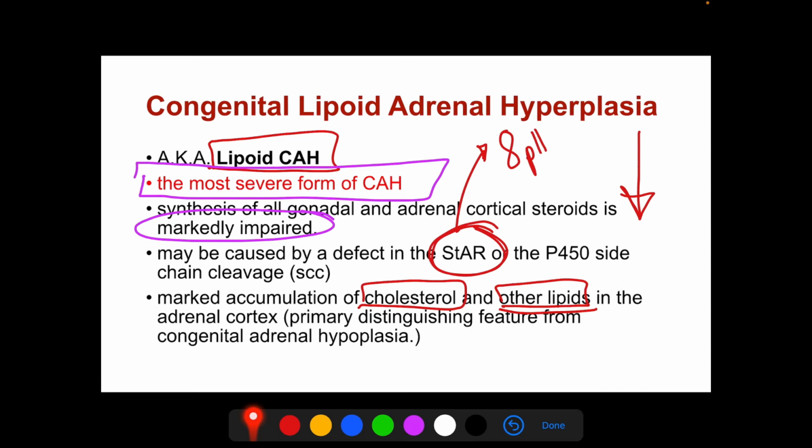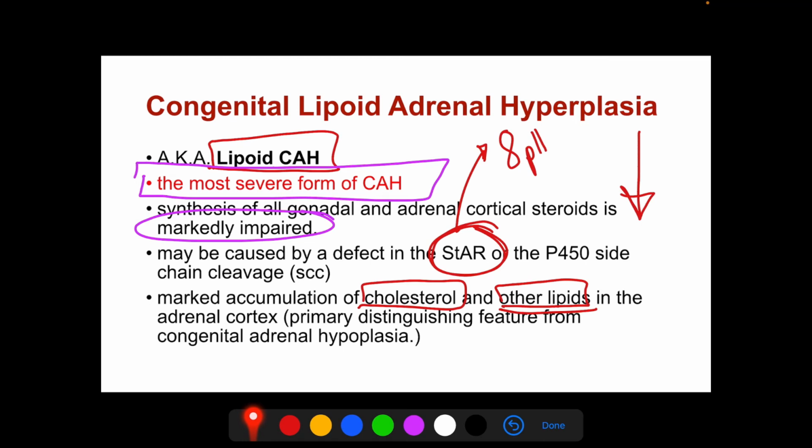And the presentation of this disease is severe adrenal insufficiency, and because there is AI, of course, there will be hypotension, salt wasting, and one of the characteristic features of lipoid CAH is feminization, meaning to say the males have female external genitalia. How about in females? Occasionally, females may not present the symptoms or the signs until the onset of puberty.